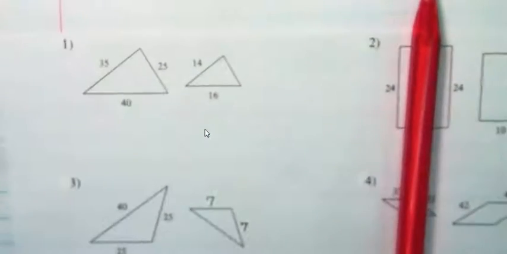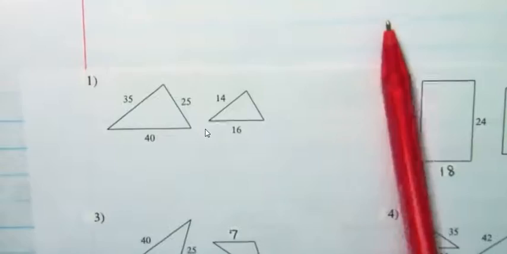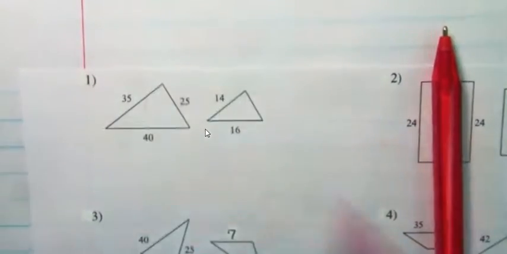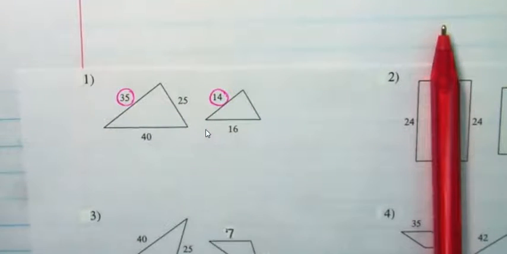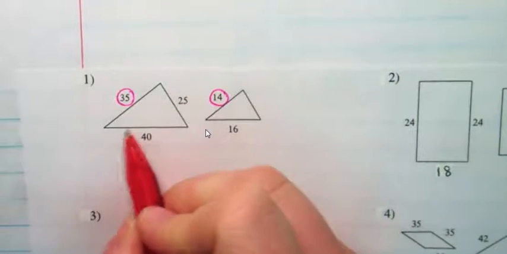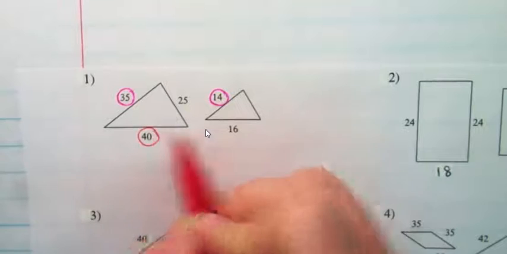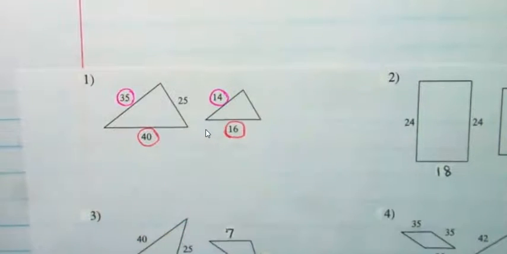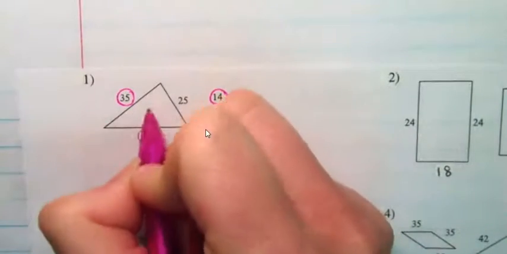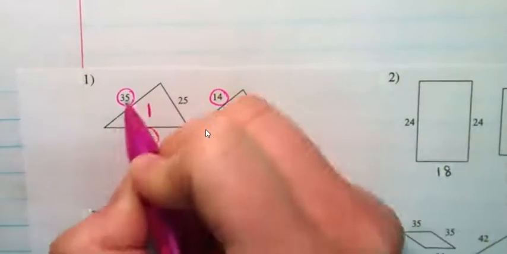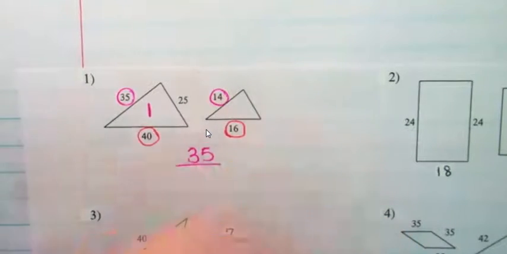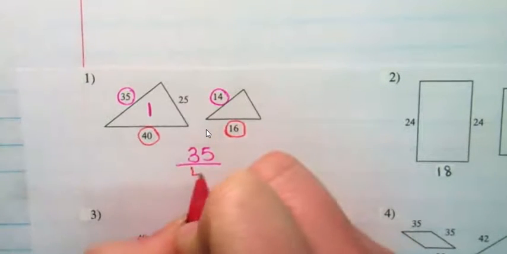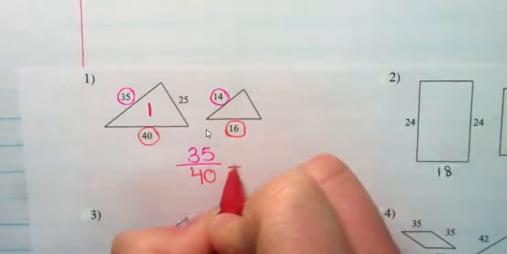I can see that 35 corresponds to 14. And I can also see that 40, how it's along the bottom, corresponds to 16. So I'm going to take my first triangle, I'm going to even put a 1, triangle 1, and I'm going to make a proportion out of that. I'm going to put 35 over top of 40, just like we did proportions in the past.